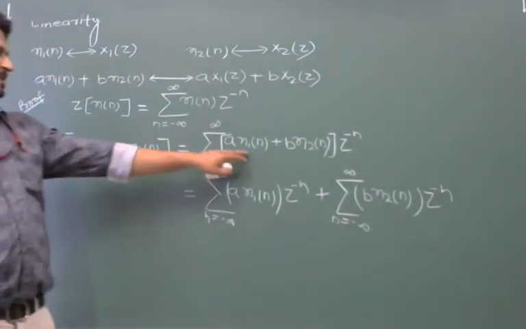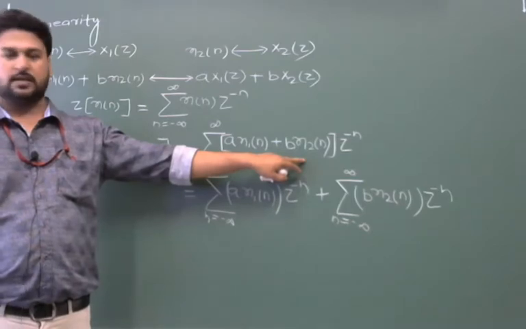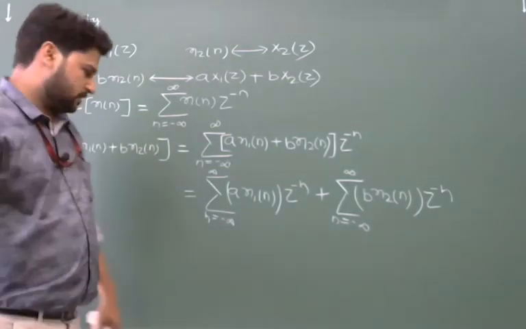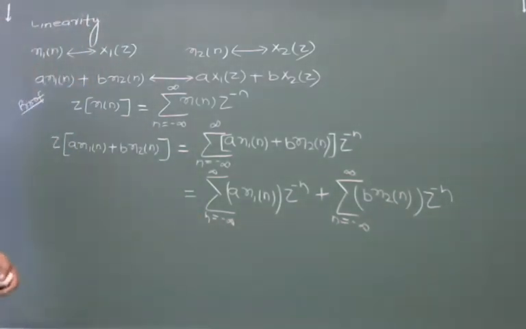So we can separate these two terms, a x1 of n plus b x2 of n. Now because a and b are constants, we can put a and b outside of the summation.